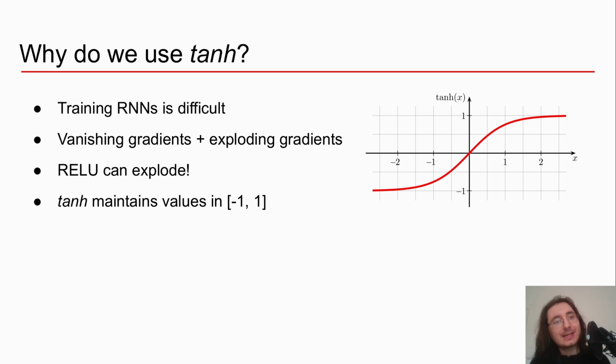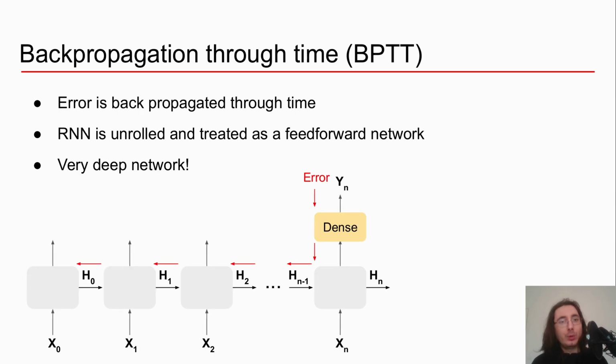But now let's understand how we train a network. To train a recurrent neural network, we use a variant of backpropagation called backpropagation through time. The idea is that the error is backpropagated through time. What we usually do is take the RNN, unroll it, and consider each time step as a layer in a feed-forward network.